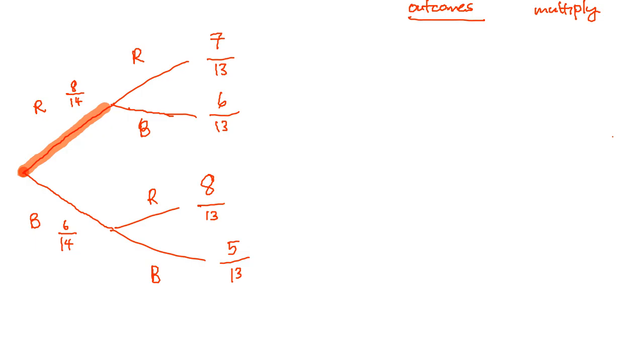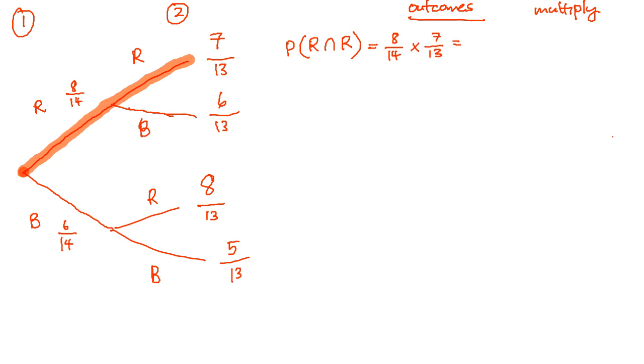So this was the first marble, these were the second marble outcomes. So the probability of red the first time, and red the second time again. And you simply take their fractions and multiply them. So 8 over 14 times 7 over 13. And that will give you 4 over 13.